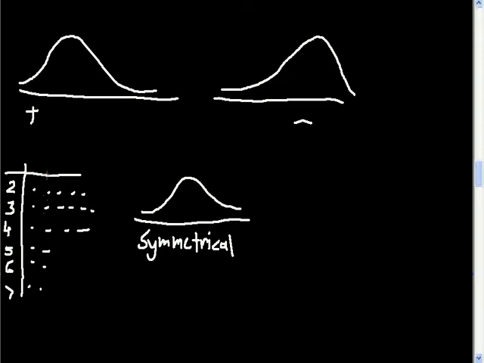So a stem and leaf diagram like this would have negatively skewed data. The opposite is when you have positively skewed data here. When it's negatively skewed, you'd have the opposite.